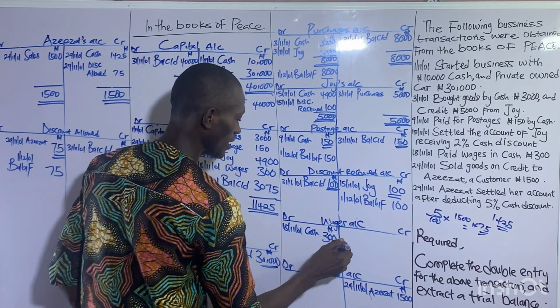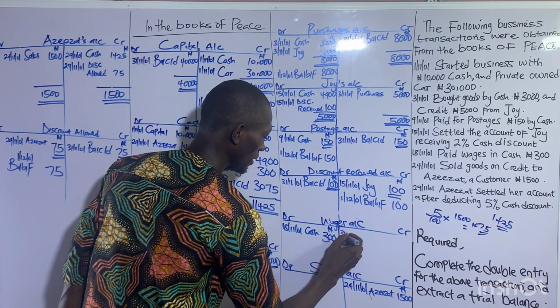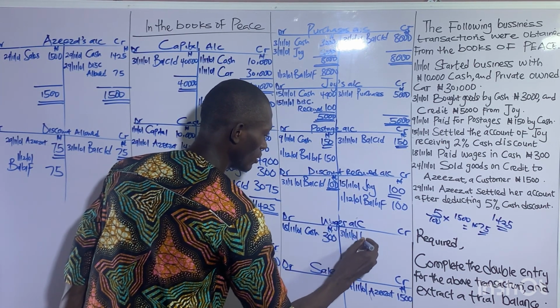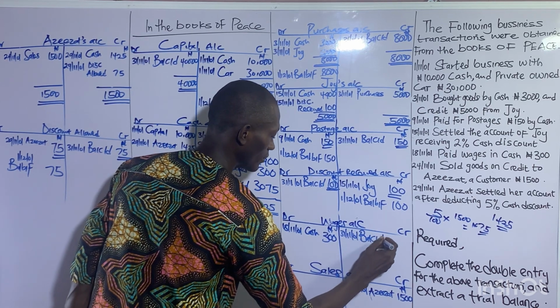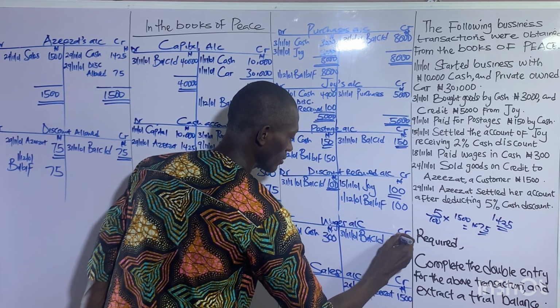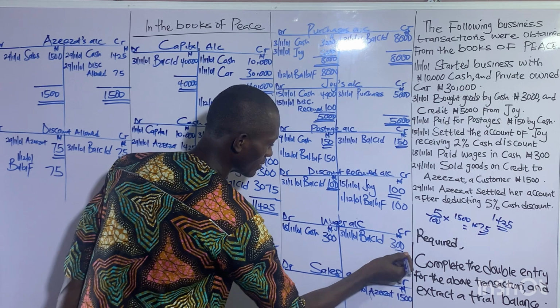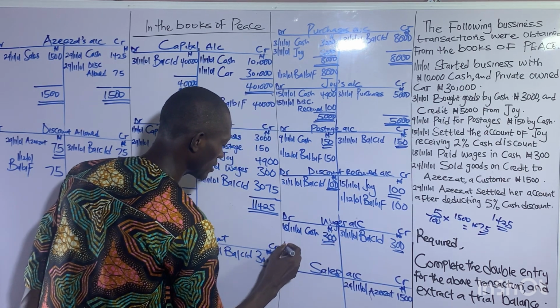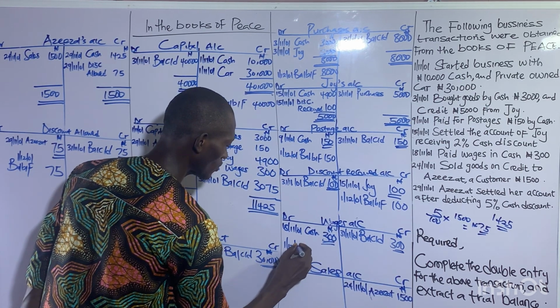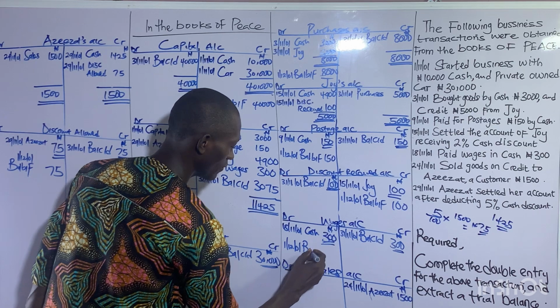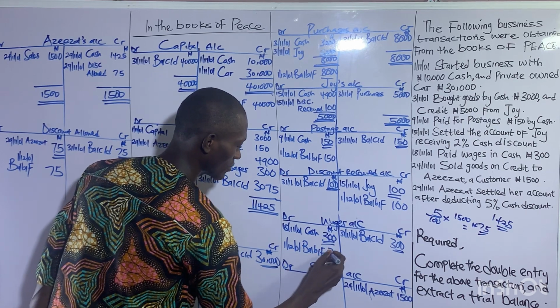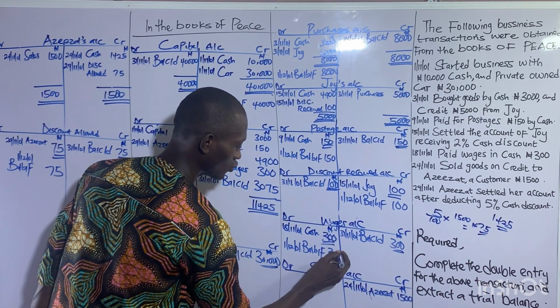Then for wages now, we have 31st 11/01, balance carried down, that's 300. Then for every balance carried down, there must be balance brought forward, that's 300, which we have here.